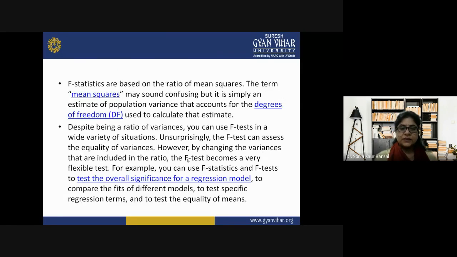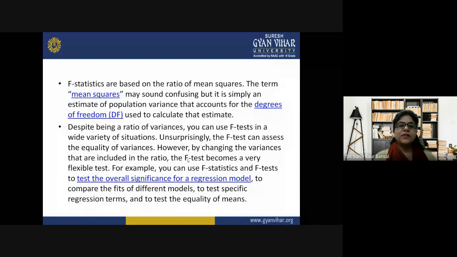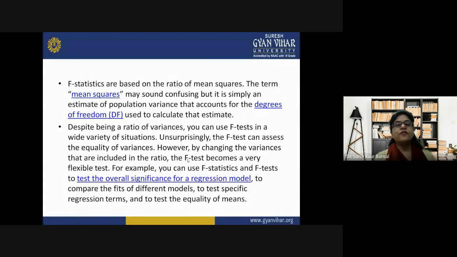Now let's understand further. F statistics are based on the ratio of mean squares, whatever mean squares we have achieved in our data collection. The term mean squares may sound confusing to you, students, but it is simply an estimate of population variance that accounts for the degrees of freedom, that is DF, used to calculate that estimate.